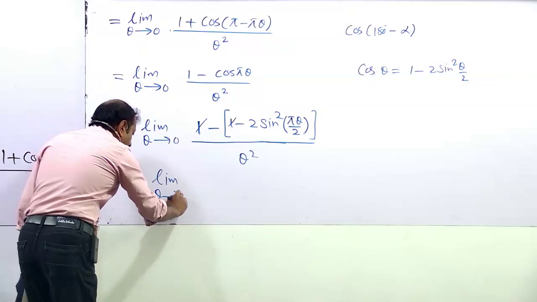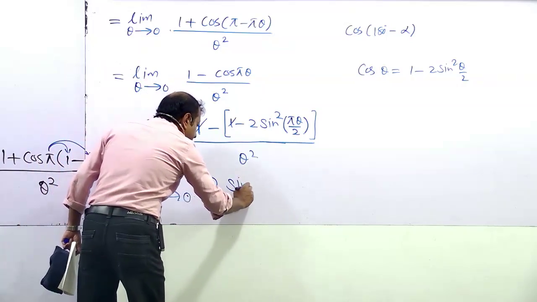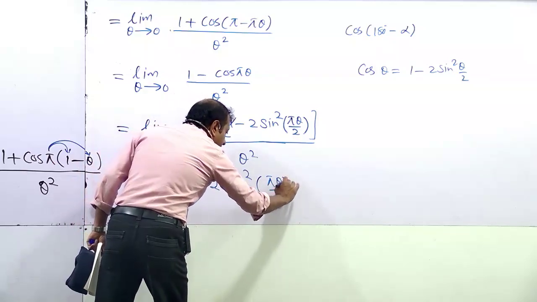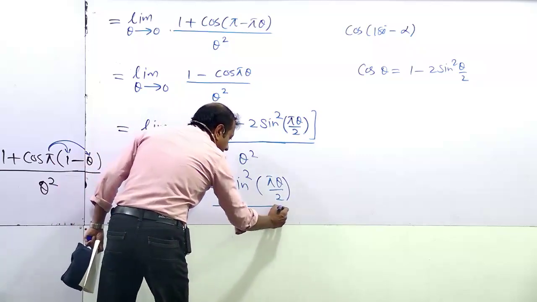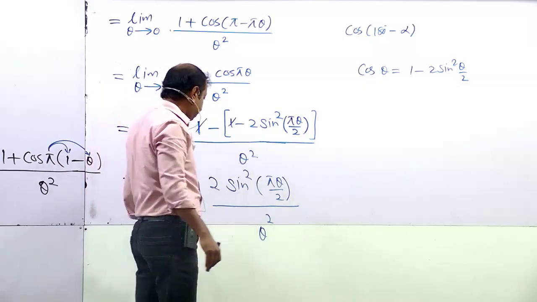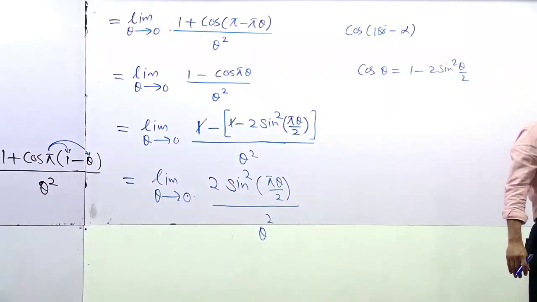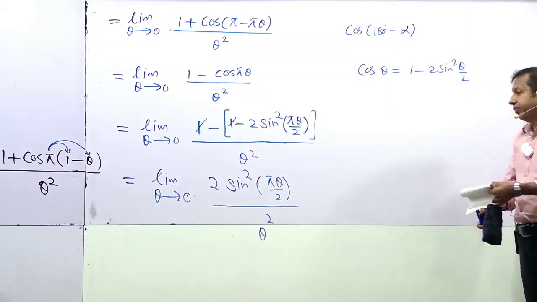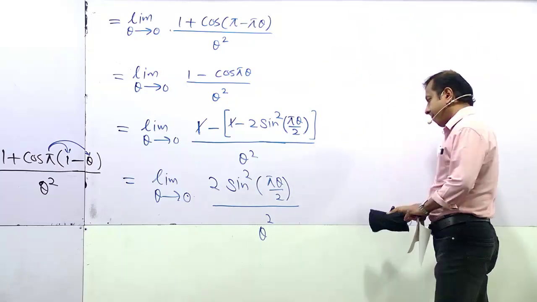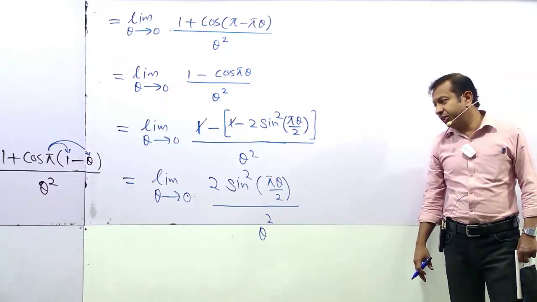Limit theta going to 0, 2 sine squared pi theta divided by 2, divided by theta squared. This is what we have now. Right, no? Now tell me a method to evaluate this.